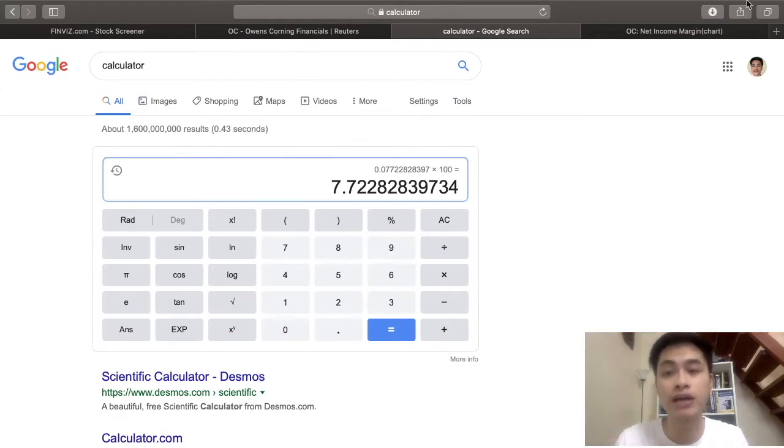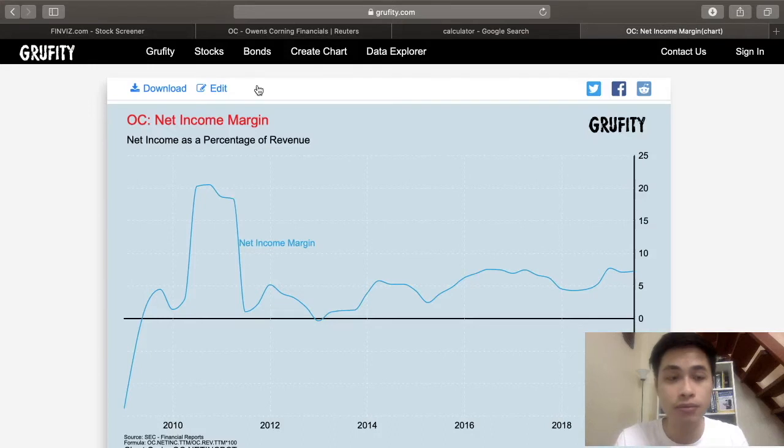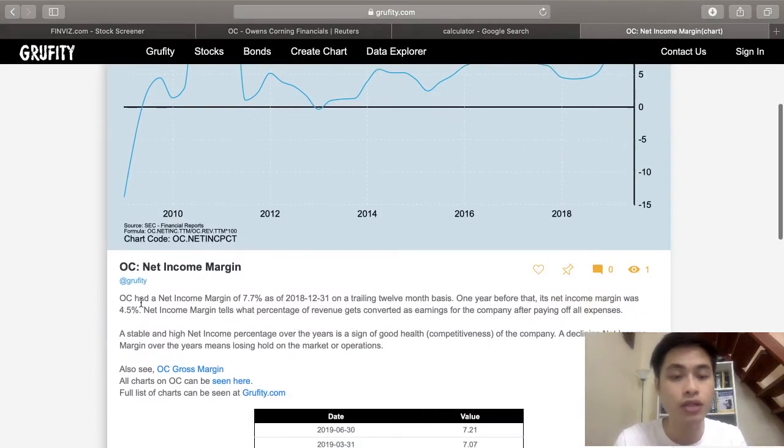Let's double check. I already opened the tab. As you can see, this is the Owens Corning, or OC, net income margin or net profit margin. They say OC had a net income margin of 7.7%, which is what we got, as of 31st December 2018, on a trailing 12-month basis. What does this mean on a trailing 12-month basis?